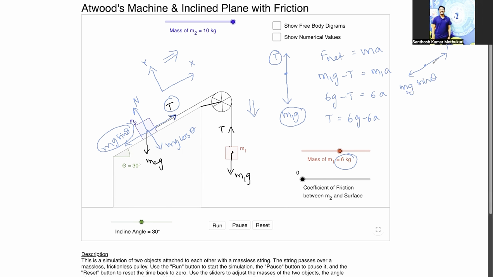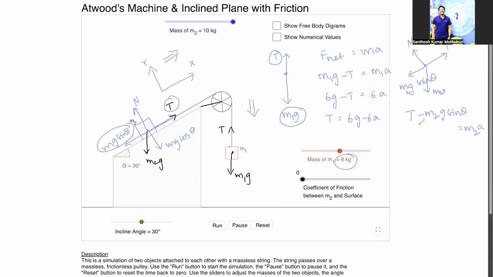And of course, this is mg, and this is the normal reaction. So T minus m2g sine theta is equal to m2a.